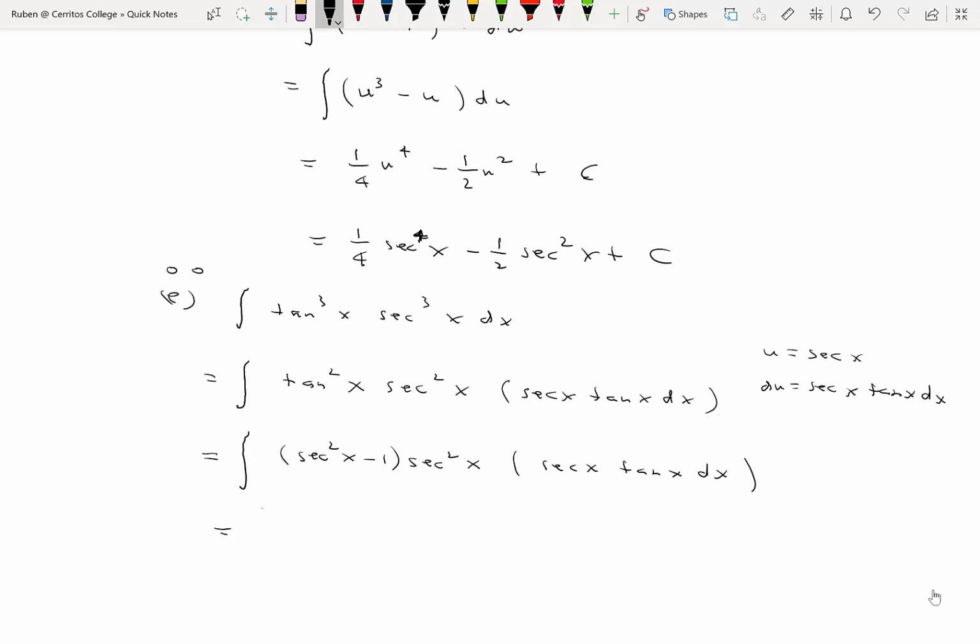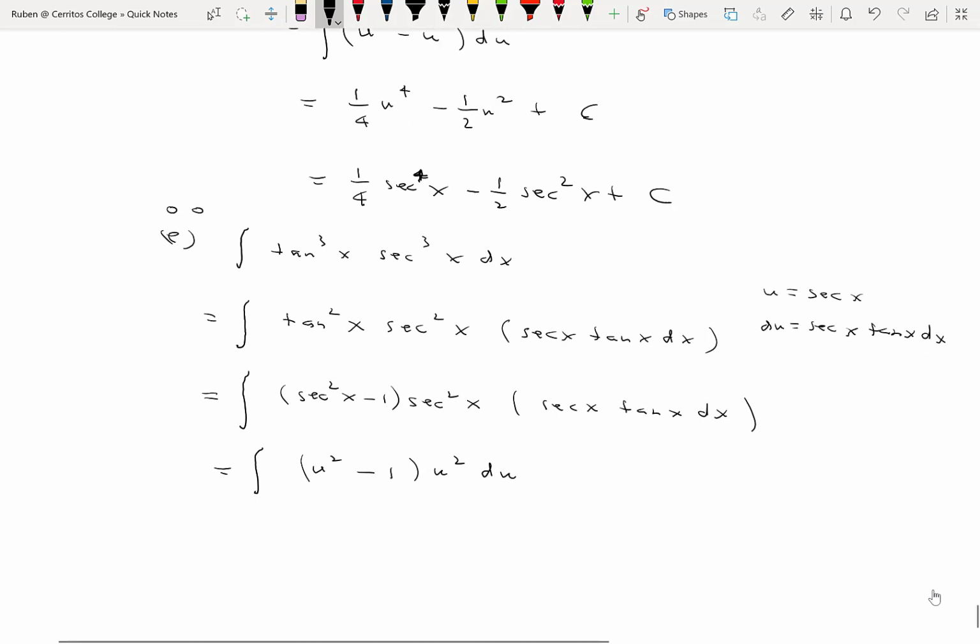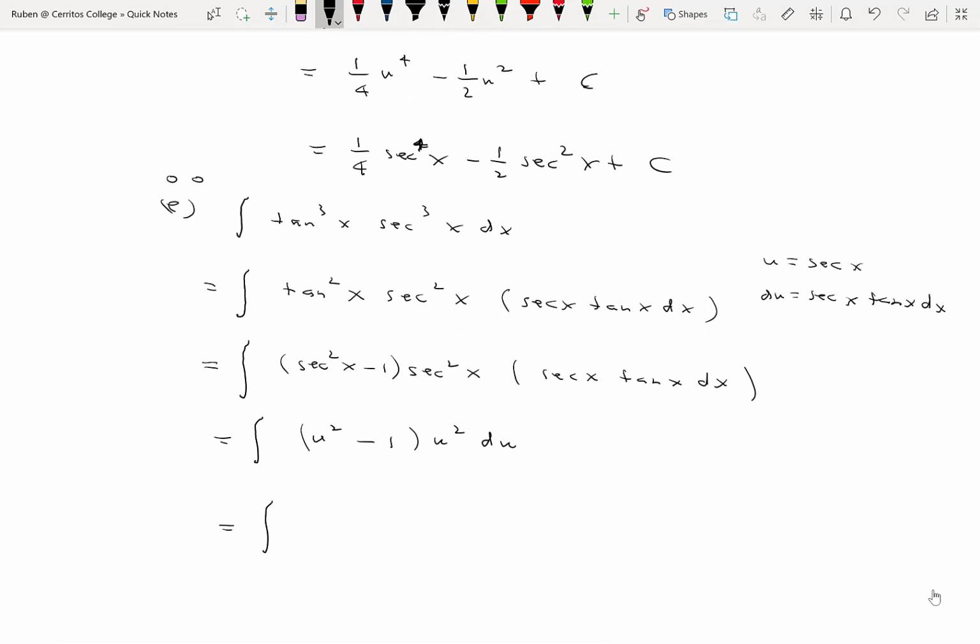Make the substitution. U equals secant, u squared minus 1. Secant squared is u squared. Du equals secant tangent, du. Once again, powers of u, which are so simple to deal with.